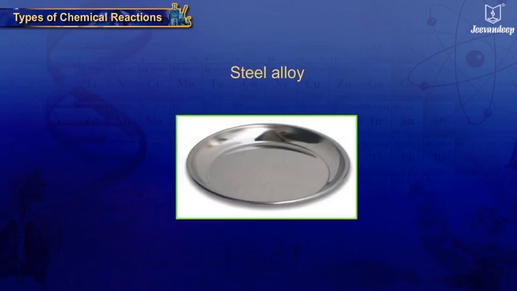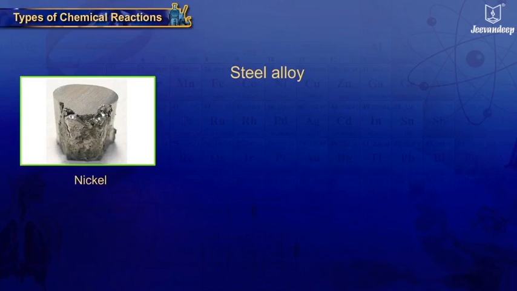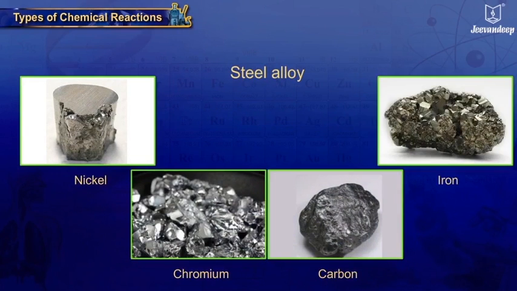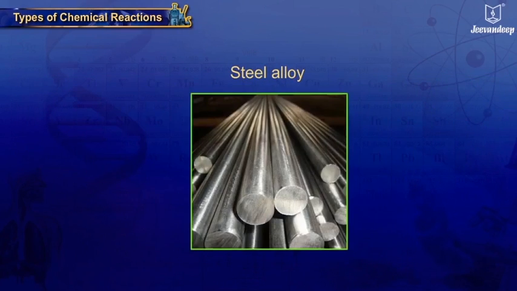Steel is an alloy, that is, a mixture of nickel, chromium, carbon, and iron. As it is not pure iron, it does not get rusted.